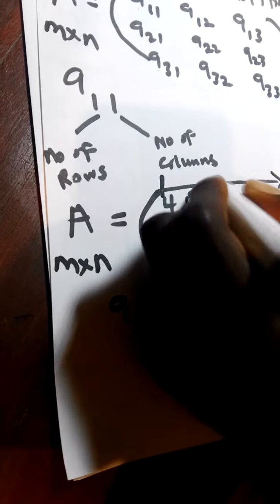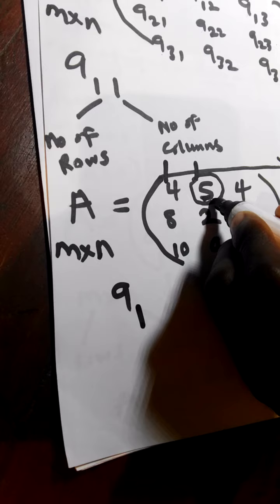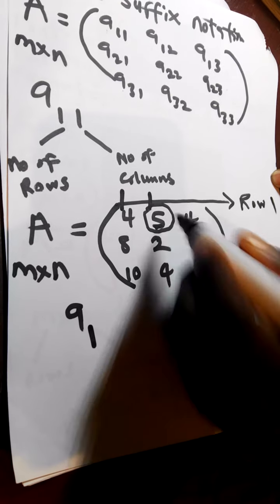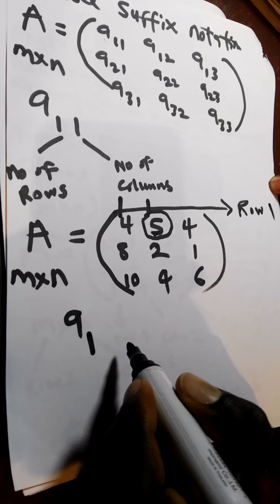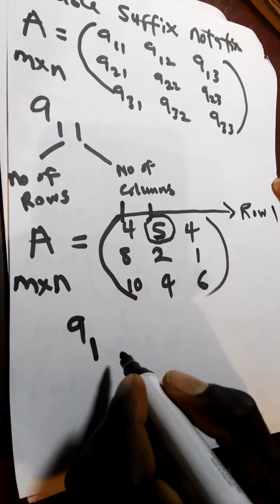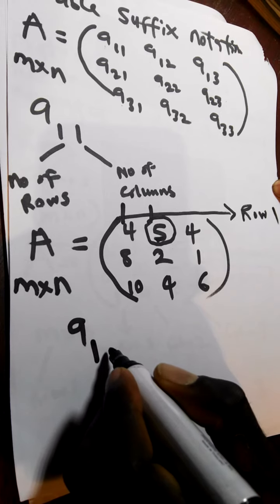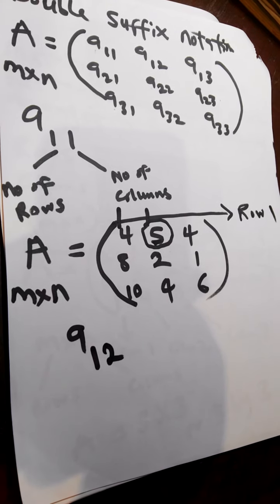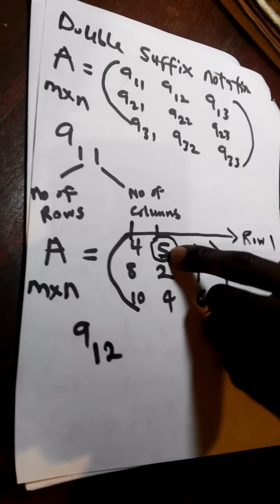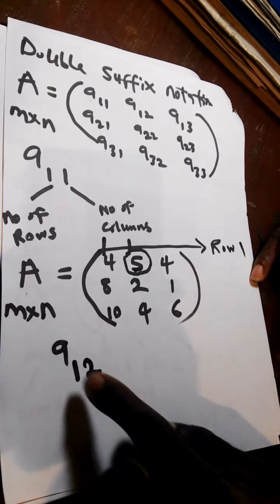Column 1, column 2. The element 5 is in column 2. So the positioning of element 5 in the given matrix A is known as A12.